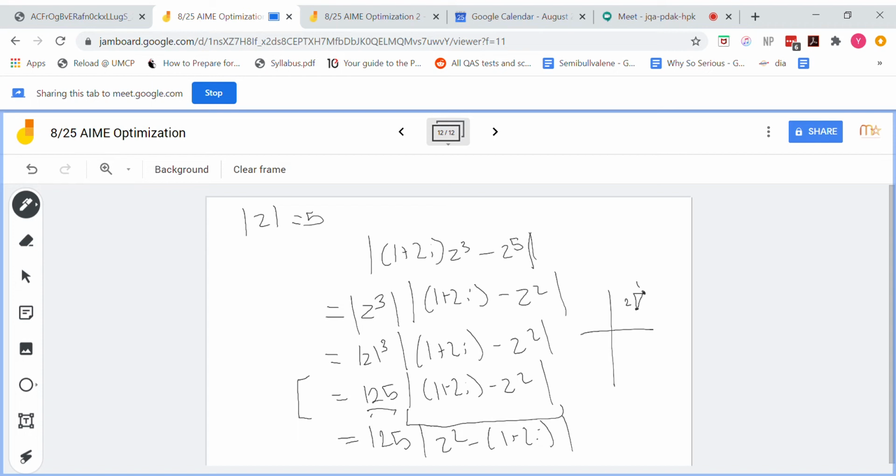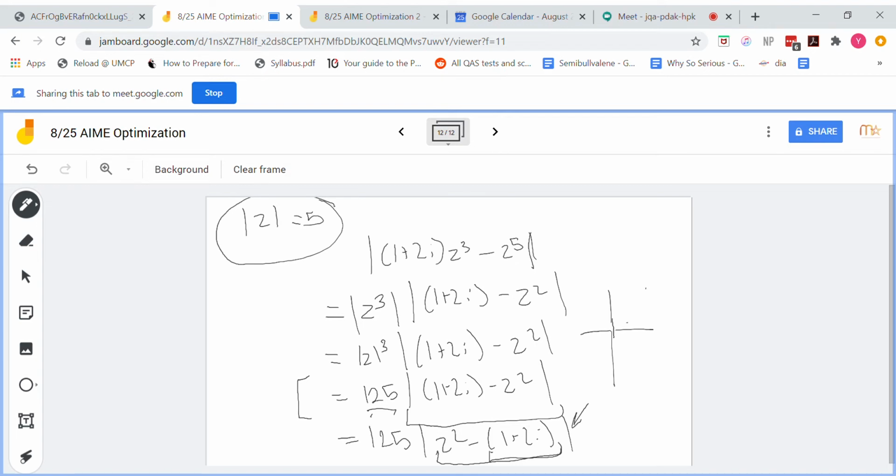And so what we want to find, obviously, is which complex number, having absolute value of z equals 5, allows for the greatest distance between these two complex numbers, right? So the magnitude of z squared minus 1 plus 2i is equal to the distance to the origin from this complex number, z squared minus 1 plus 2i.